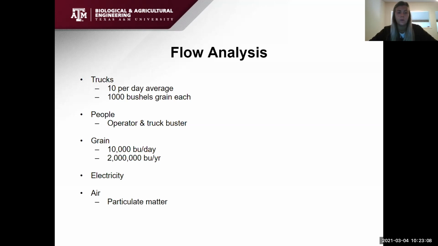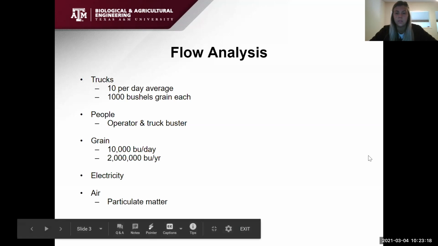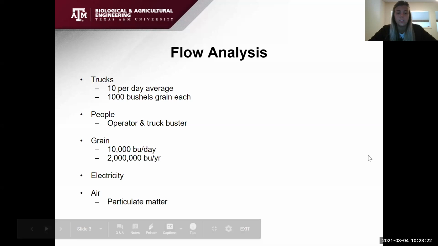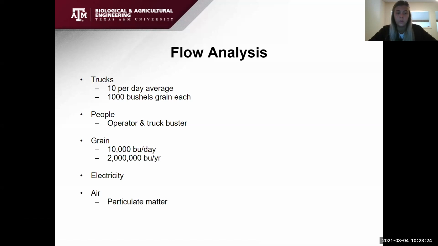The electricity flowing through the system, as I mentioned, comes from the electrical controls for the dump pit and whatever else is moving the grain through the system. The air running through the system is important because that flow is what moves the particulate matter around.